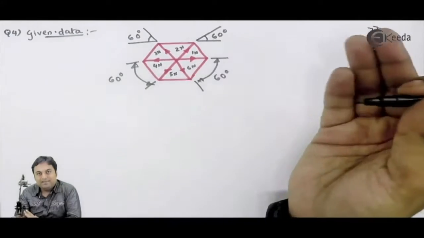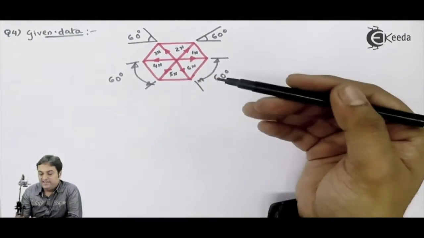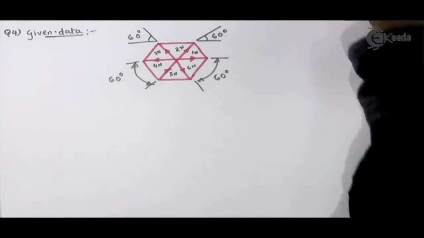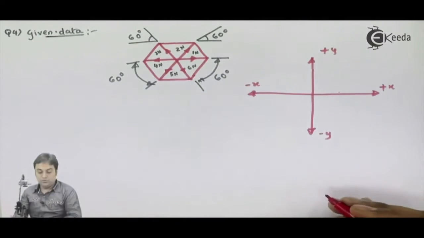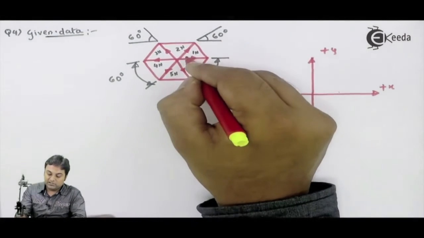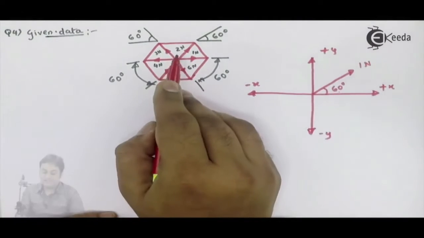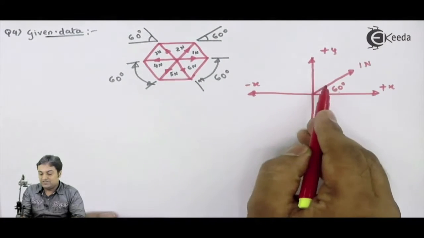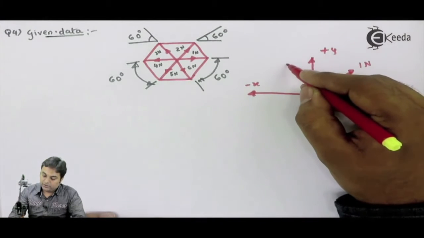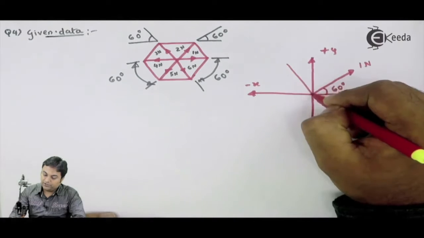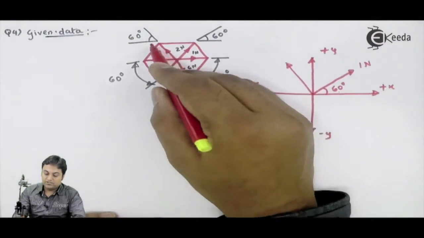So now, like in the previous problem, I will be converting this regular hexagon into a concurrent force system. How to mark the forces? 1 Newton is inclined at 60 degrees with horizontal. Next, this 2 Newton is inclined at 60 degrees with 1, which means with horizontal it is 120 degrees.